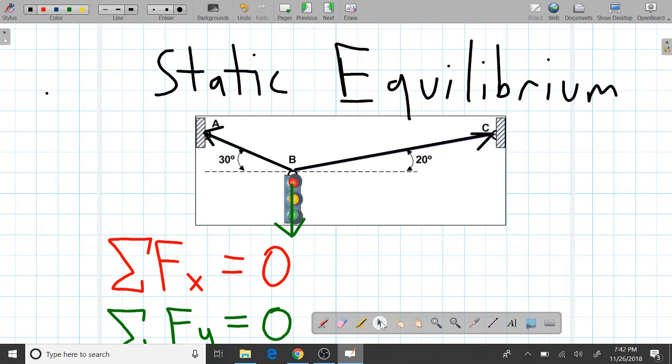Since these cables are acting at an angle, I can split up these vectors into their x components and their y components. And so when I do that, all of my forces in the x direction must be equal to 0, and all of my forces in the y direction must also be equal to 0. That is true of any system that is in static equilibrium, meaning it is not accelerating.